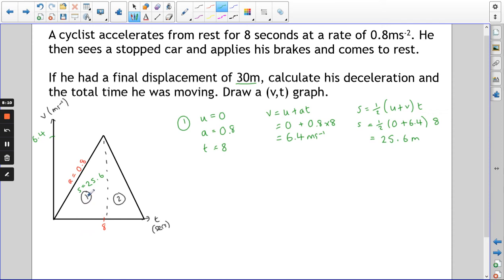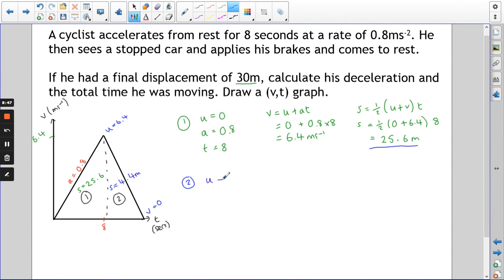Right, so we've now got lots of information that we didn't initially have to help us on section 2. So for instance, we know that U is 6.4. We know that V equals 0, and the other information which is not immediately obvious, but we also know the area of that second triangle, because his displacement was 30 metres, we've just calculated that he used 25.6 metres getting up to speed, so it must be that he took 4.4 metres to stop.